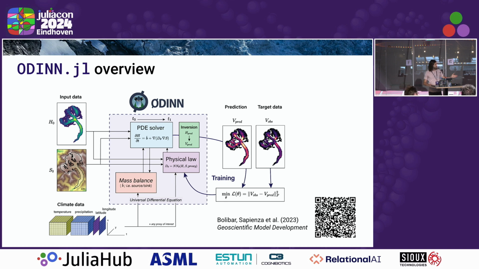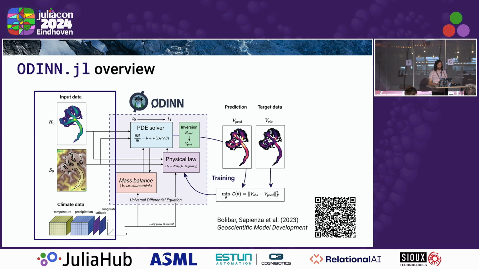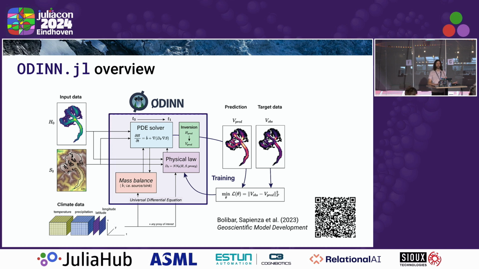This is a publication that we published last year where we presented a synthetic study to understand the properties of UDEs with this type of partial differential equations. So we use this Python package to retrieve all the initial conditions of our glacier, and then we build a universal differential equation using the SciML ecosystem. We have this partial differential equation describing the flow of ice, and then we embed a neural network in it, describing a physical law.